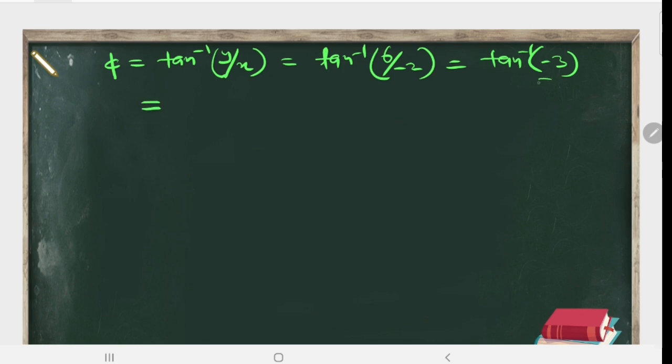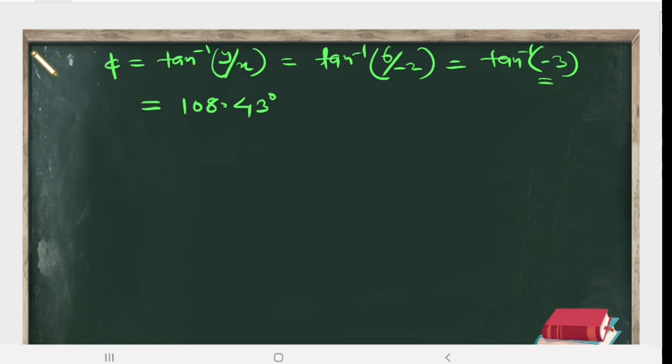If you calculate this value, then phi is equal to 108.43 degrees. So we have expressed this point P, which is given in Cartesian coordinates, in the cylindrical coordinate system.